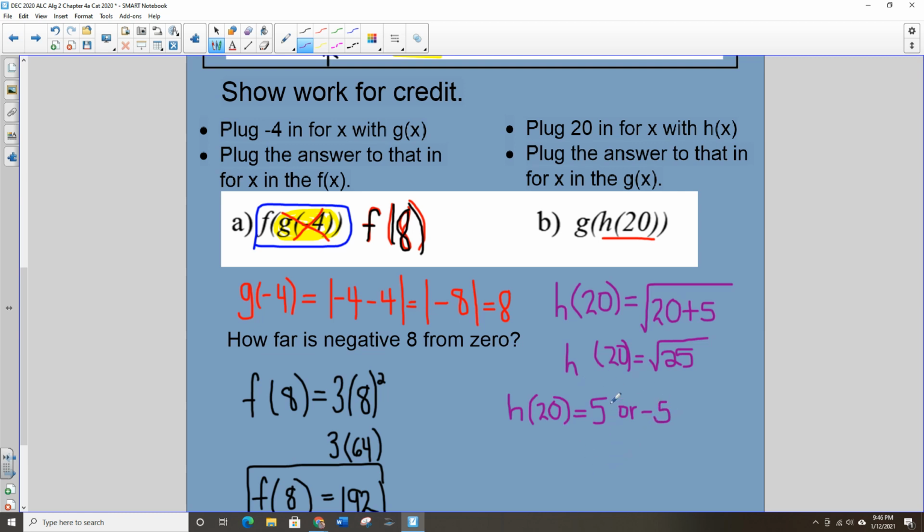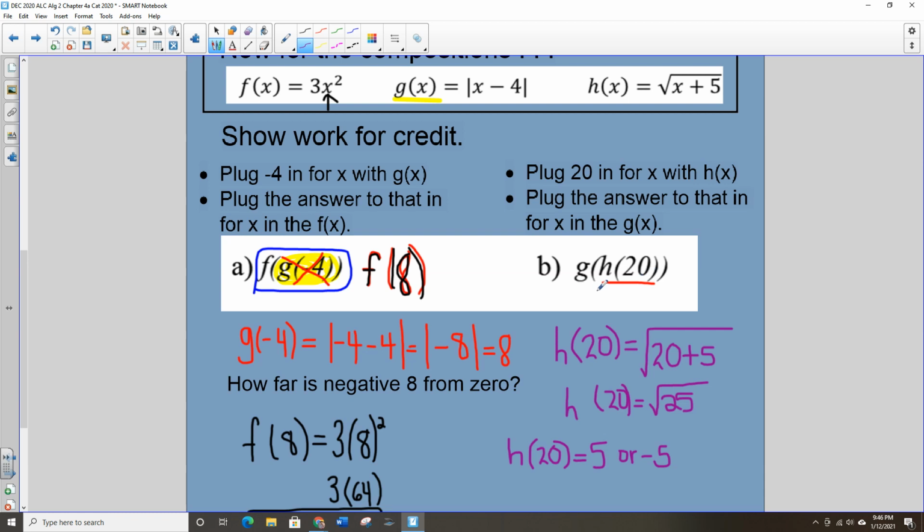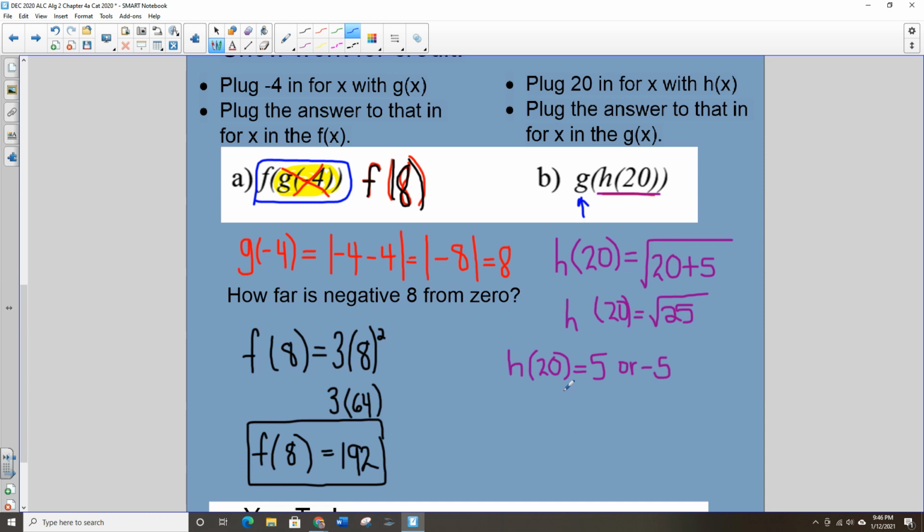You have two answers. And if this was just h of 20, we'd be done. But we're not done, because it also asks us what's g of h of 20. And unfortunately, or fortunately, if you enjoy math as much as I do, oh, who does? Let's be serious. Okay, we're going to see what's g of 5, and we're also going to find out what's g of negative 5. Since two answers came out of that, we just got ourselves a bonus, which means more questions, more points to be had.